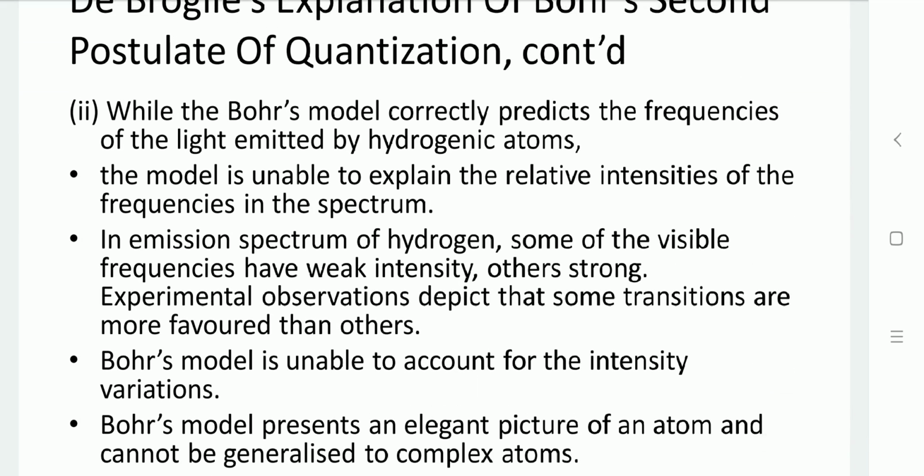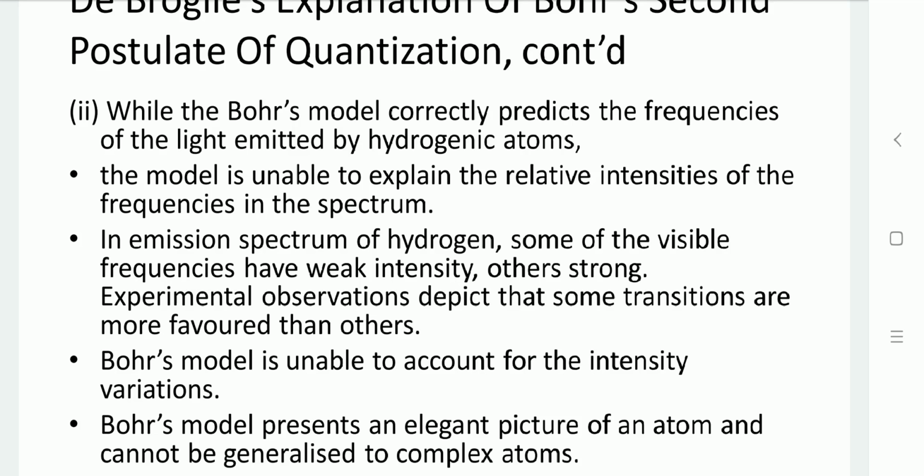The second limitation is this. The Bohr model predicts the frequencies of light emitted by the hydrogen atom, but it is not able to explain the intensity of light of that particular frequency or spectrum.